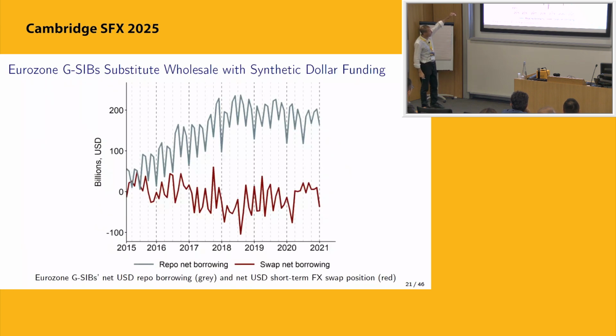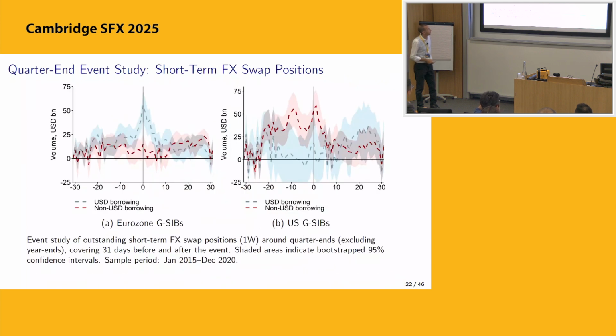Second, the gray line shows what the Eurozone big banks borrow in the wholesale US repo market, and the red line instead is what they borrow via FX swap. You see that at quarter end, the gray line spikes down and the red line spikes up, suggesting a substitution, a compensation between the two.